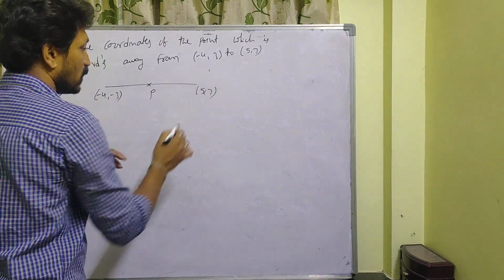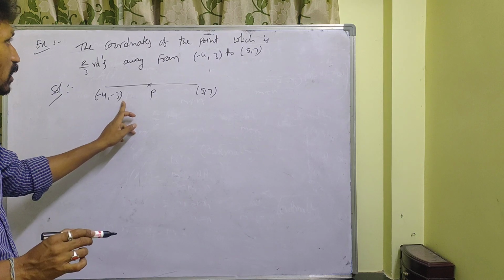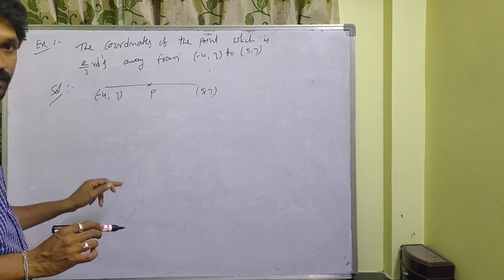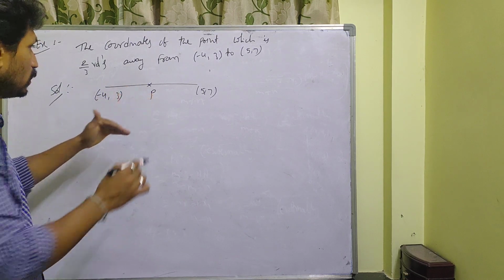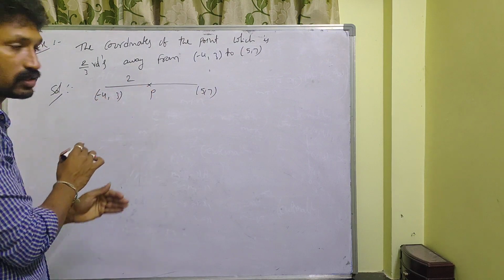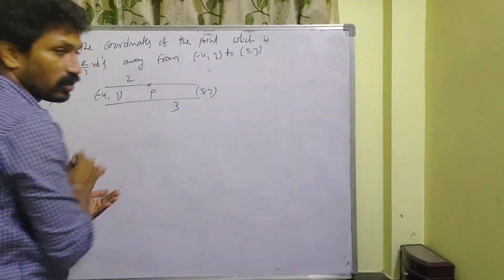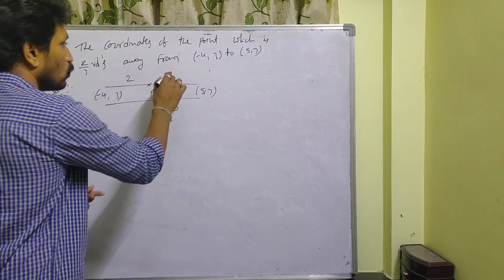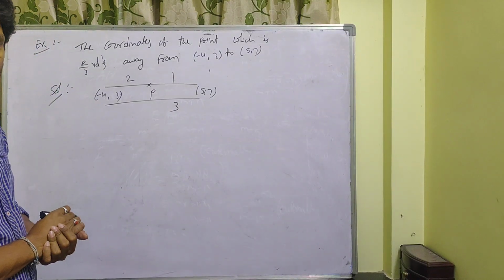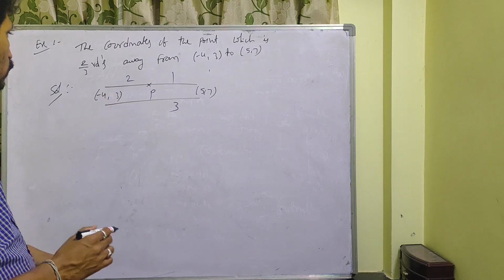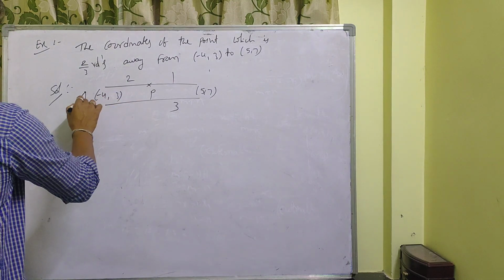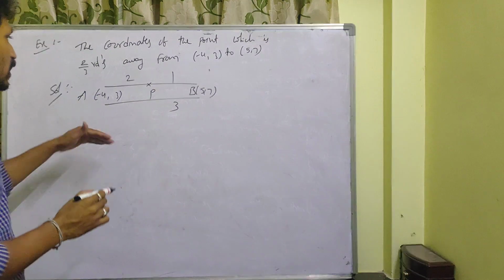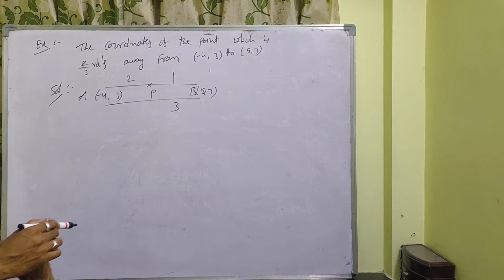So 2/3 of the way means it is 2 parts out of a total of 3 parts, and the remaining part is 1, so the ratio is 2:1. Let us take this as A and this as B. P divides AB in the ratio 2:1.